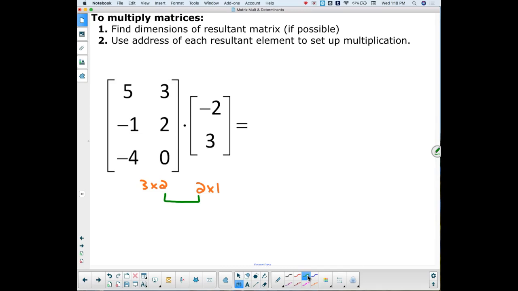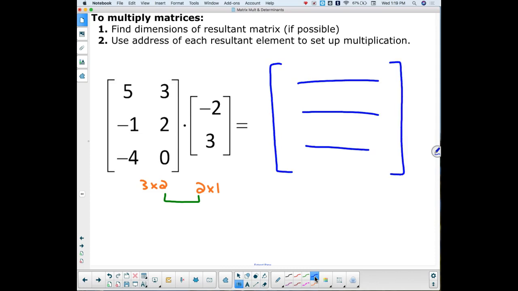It's going to be a 3 by 1. So now this is how I do this. I draw myself a rather large 3 by 1 matrix. And now I've got to fill in those elements.